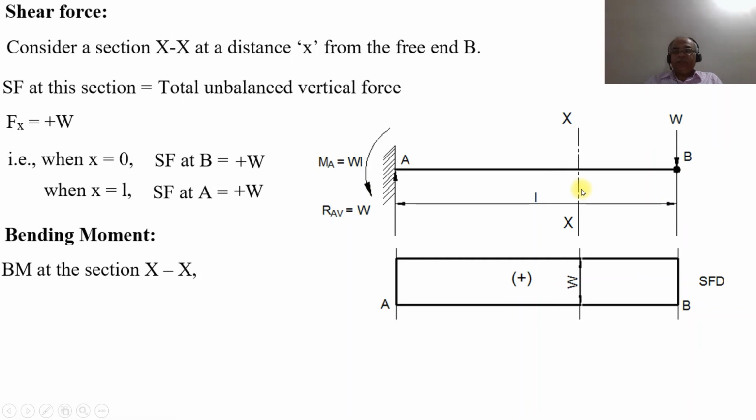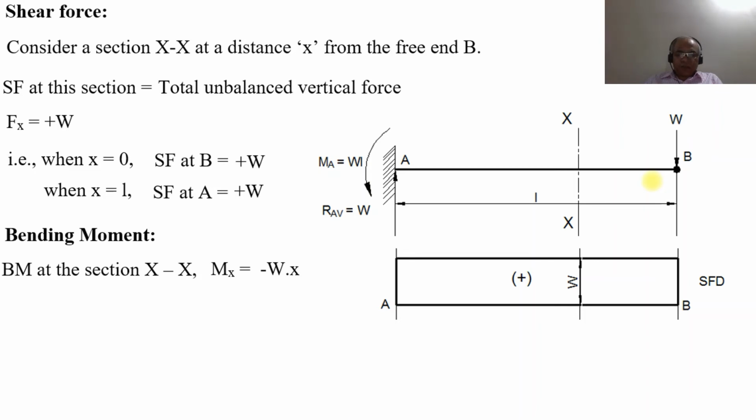Since the distance from XX to the point B is x, it is load into perpendicular distance, W into x. Since the beam is bending in this direction, it is a hogging bending moment, which is negative. So Mx will be equal to minus W into x.